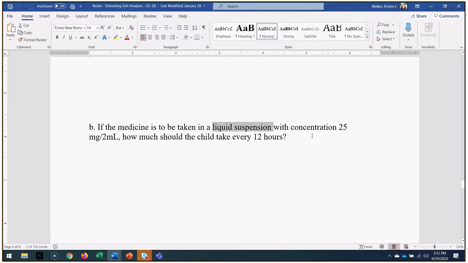The concentration of the medicine is already given to us. We don't have to crush a pill. This is what we have. We need to take this and mix it up with that pink liquid that kids usually get, so that this child can drink it. That's basically what's happening. So the question wants to know how much.